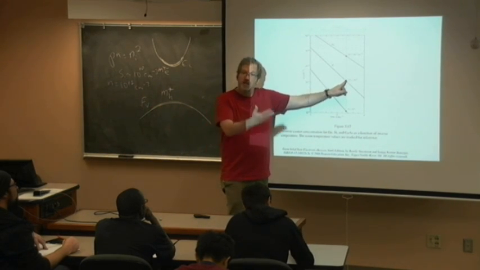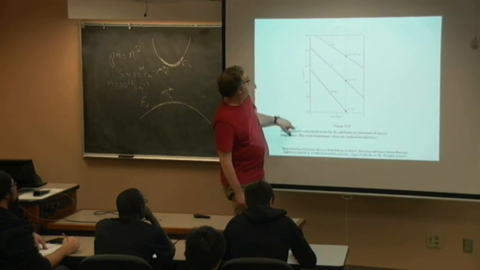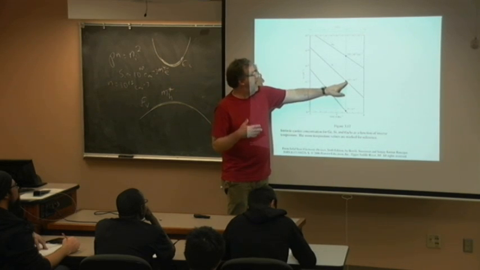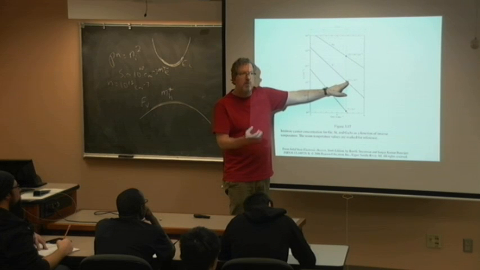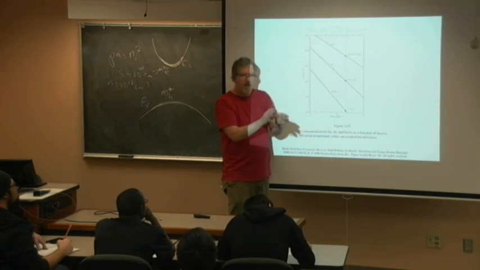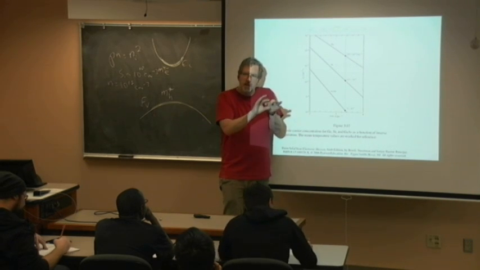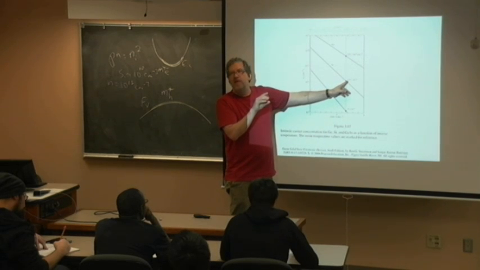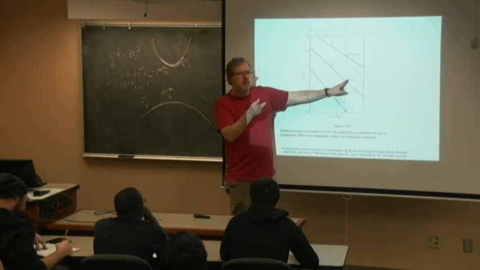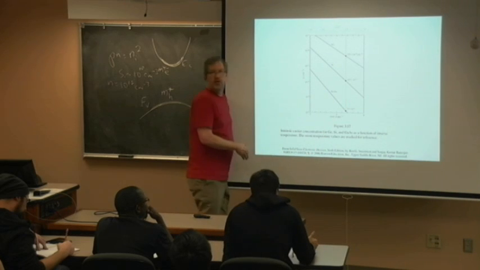But remember, how many silicon atoms do I have per centimeter cubed? 5 times 10 to the 22 per centimeter cubed. That's how many silicon atoms I have in 1 centimeter by 1 centimeter by 1 centimeter. So roughly 1 silicon atom out of every 10 to the 12 is ionized. It's a very, very small percentage, but it's enough that I get a fair amount of charge there.